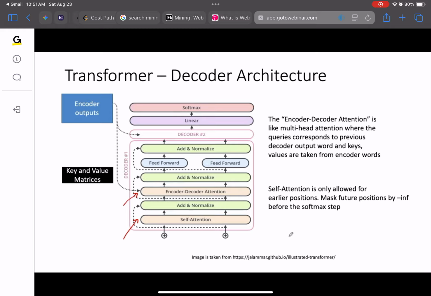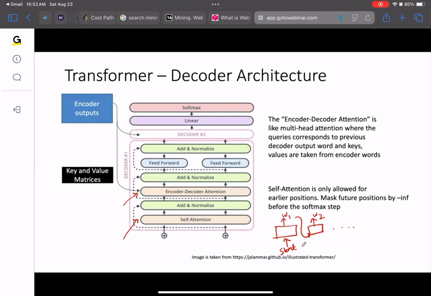So let's say this is a decoder. We start out with the start word, and then we generate one word, W1, and that is passed as the input, and we have W2. So this is the usual process in which the decoder works.